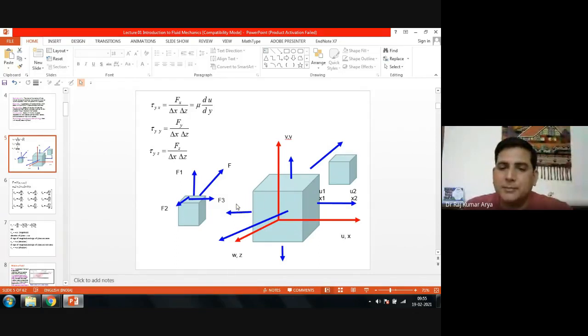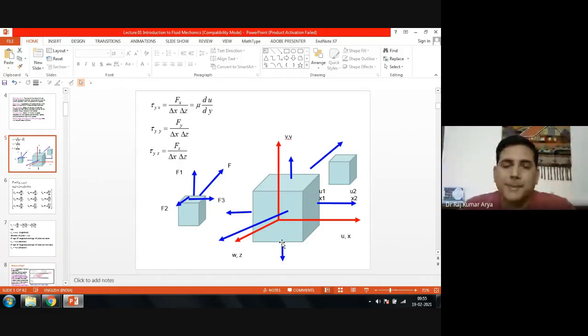The velocity here would be u minus del u upon del x into delta x by 2, because you have moved delta x by 2 to the back side. So you can find the velocity by Taylor's expansion. What would be the velocity at the back side? That's another way of defining the velocity. Do you know how to define that?